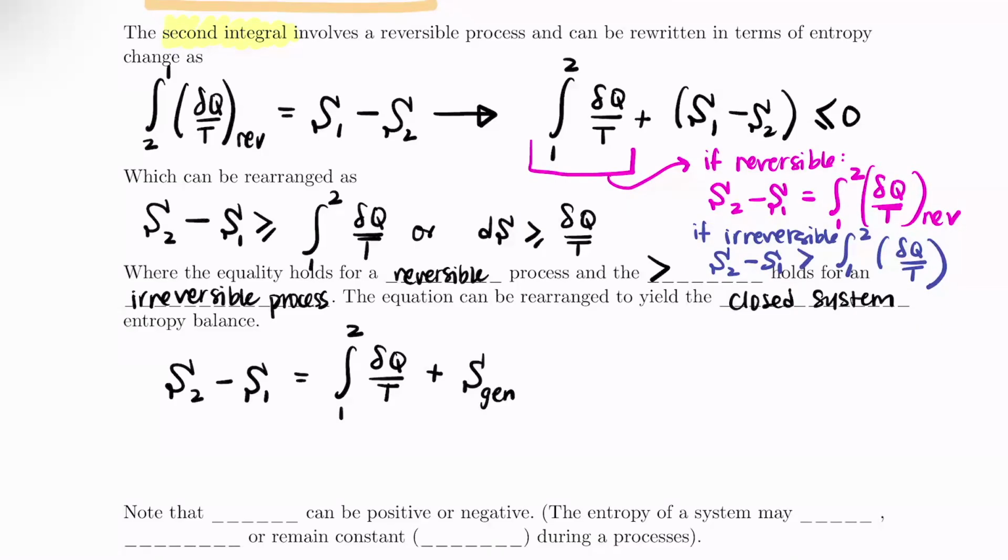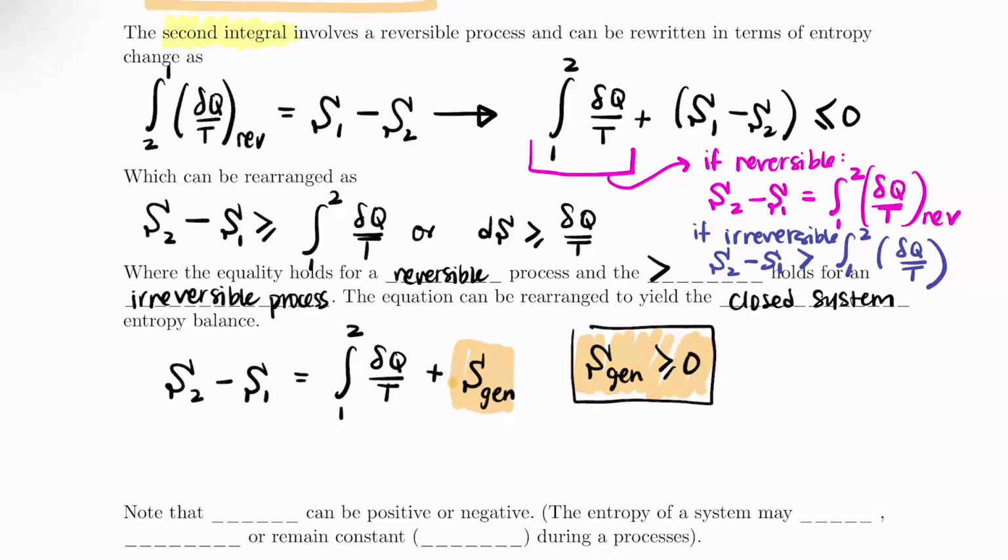All right, so S gen is always greater than or equal to 0, and that's this term here. So this is kind of the same idea as that sigma term that we had before. So we changed our inequality into a strict equality, and then we added this term that might be greater than or equal to 0. Okay.